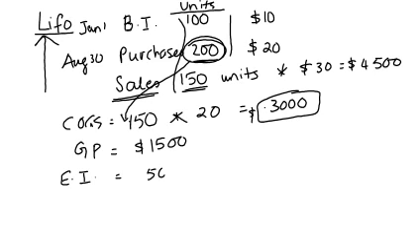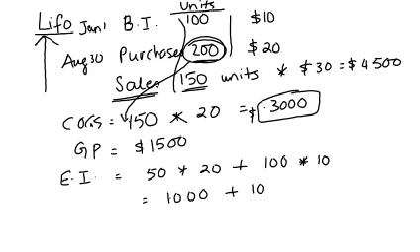So 50 at $20 plus 100 at $10. So we have 1,000 plus 1,000, which is $2,000, the value of ending inventory.